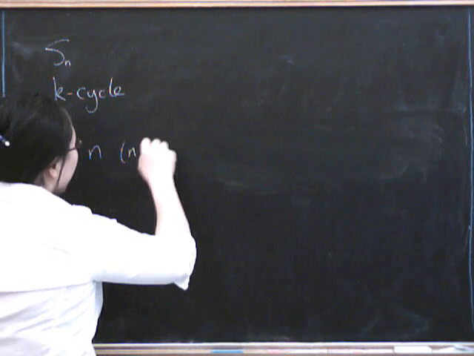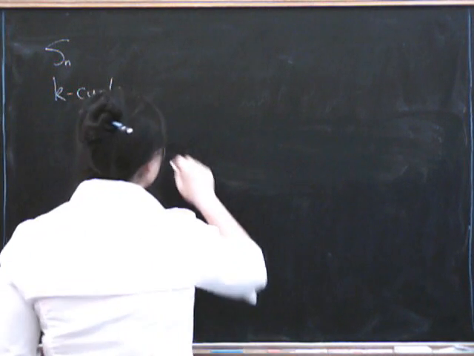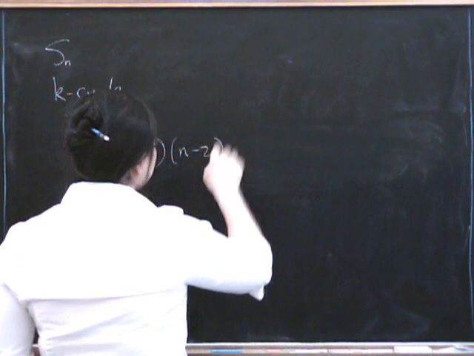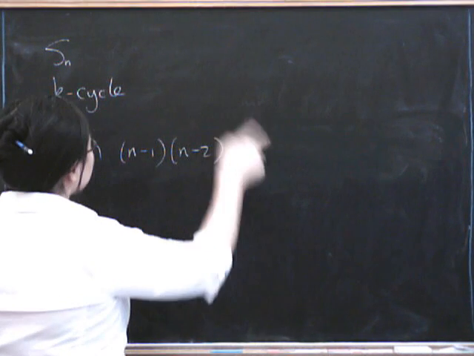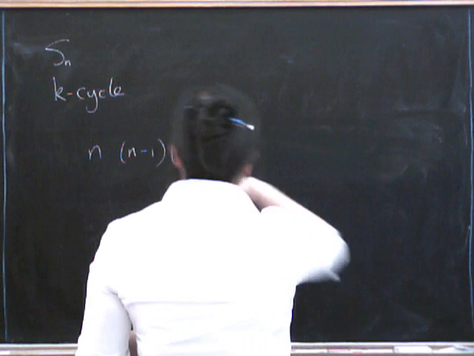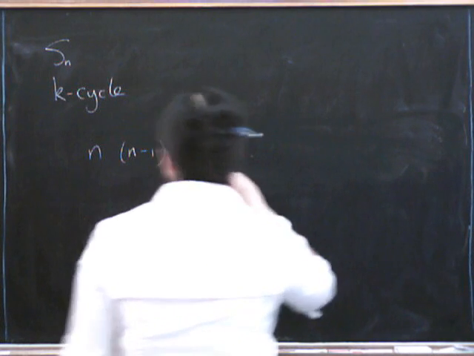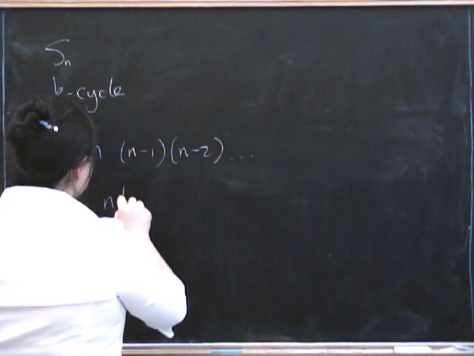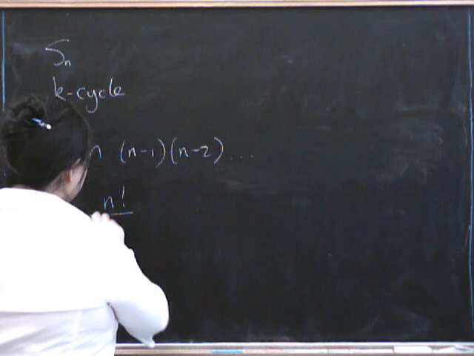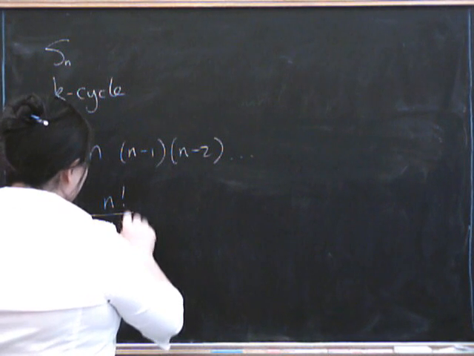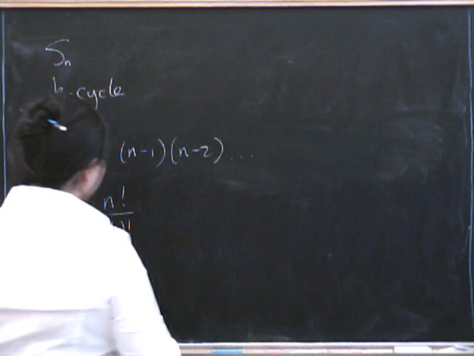You have a choice of n minus 1 elements for the second element, a choice of n minus 2, and so on. So you do this k times because you've got k numbers. So what you get here is n factorial divided by n minus k factorial.